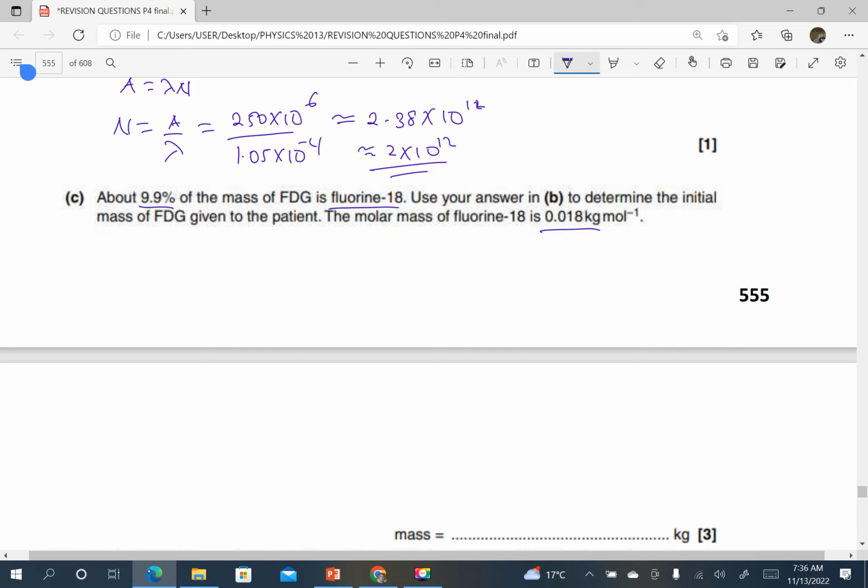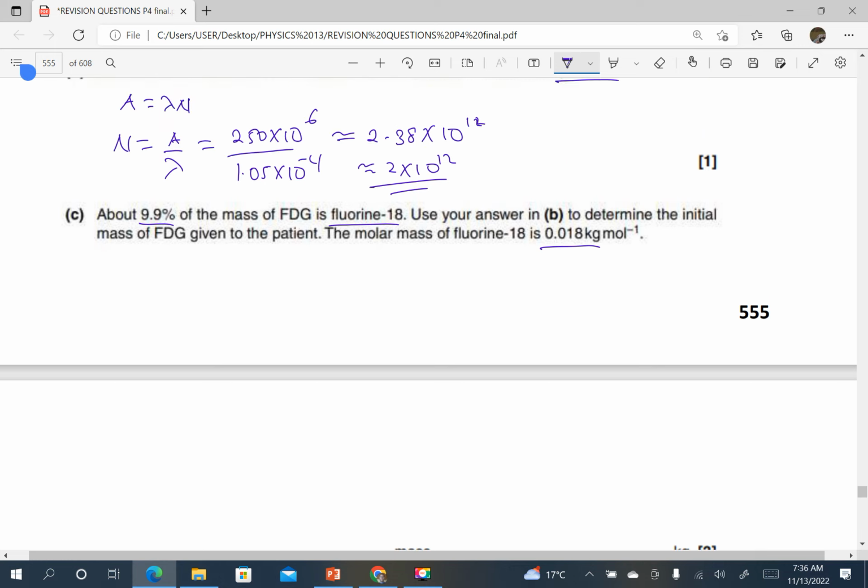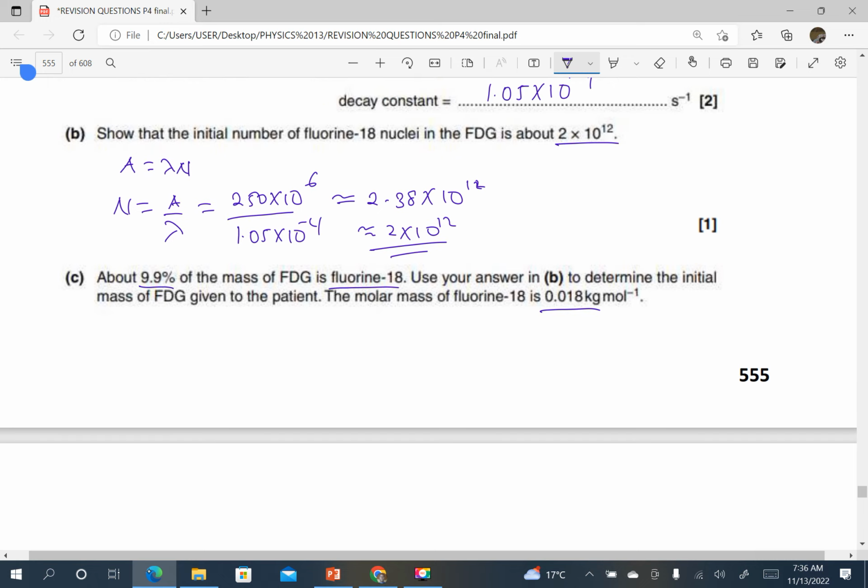So we can first of all find the mass of fluorine, but remember 9.9% of the mass of FDG is actually fluorine. What is the mass of fluorine? The mass of F18 will be, from nuclear physics, N over N_A times the molar mass.